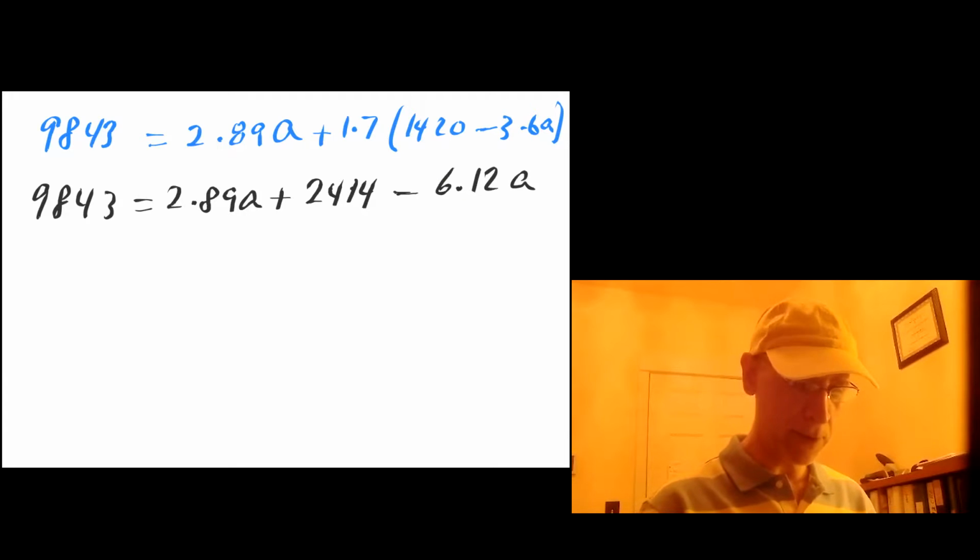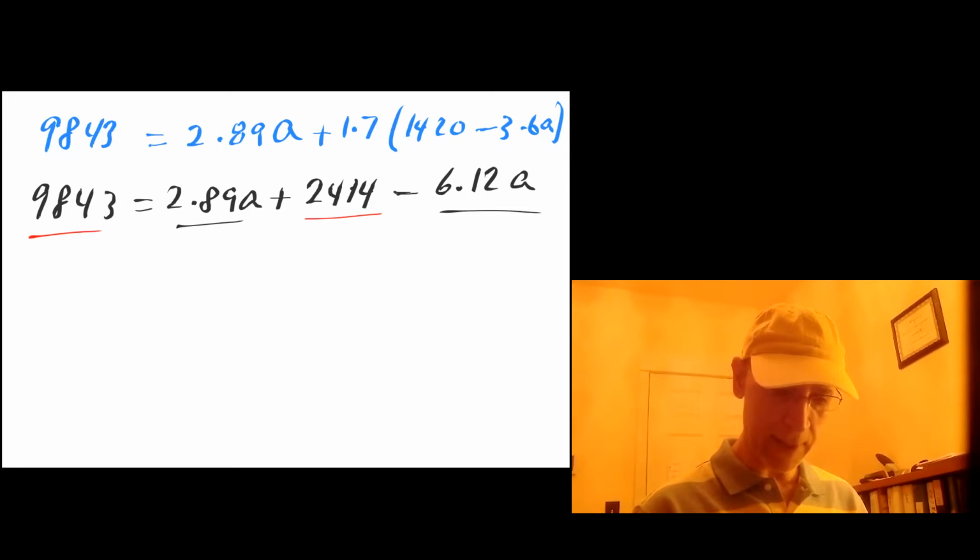And now I notice that these two are like terms. I can add them together, and I can subtract 2,414 from both sides.